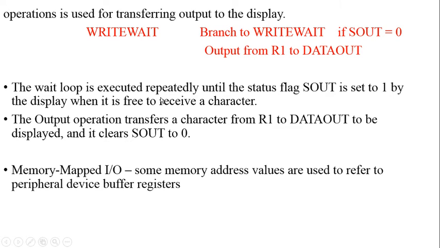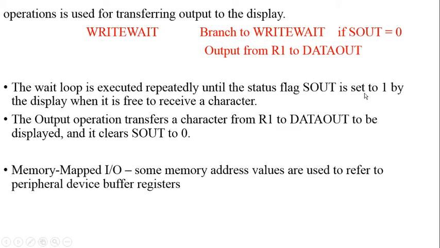The wait loop is executed repeatedly until the status flag SOUT is set to 1. If it is 0, the processor continues in a waiting state, and whenever SOUT becomes 1, we can start the data transfer from the processor register to data out.